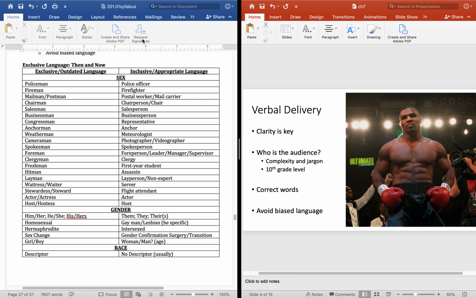Last but not least, for race, there's usually a descriptor, like a black man, but there usually doesn't need to be. Now, I just used it when I was talking about my old roommate, but it was, again, applicable to the story.